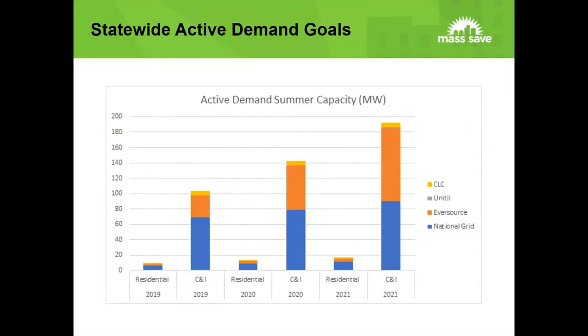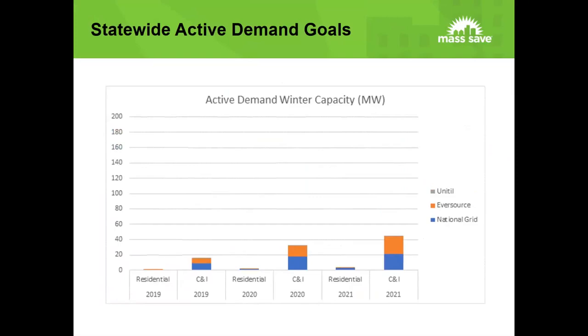We're not really going to talk too much today about the residential offerings, but just know if you're meeting with residents or constituents in your towns, we will be rolling out some residential programs really targeting smart Wi-Fi thermostats, behind-the-meter storage, electric vehicle charging, really connected devices on the residents. Today we're going to dive into the C&I offerings, and in our 3rd year we're going to be targeting around or over 200 megawatts of summer capacity.